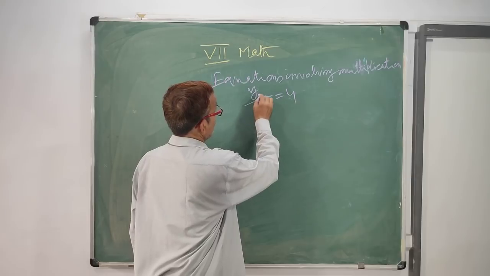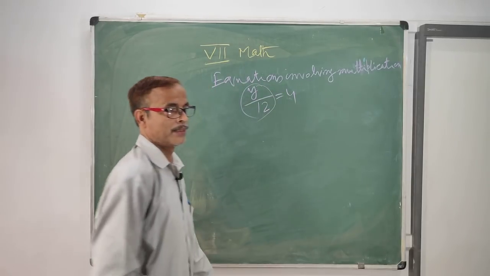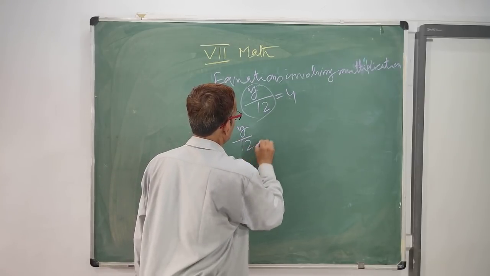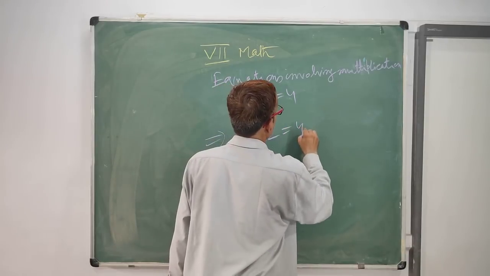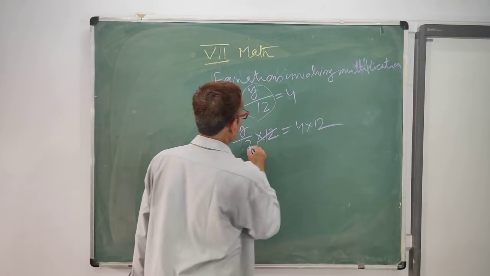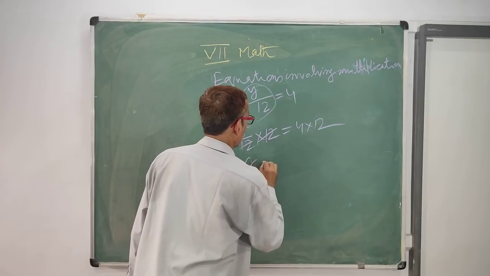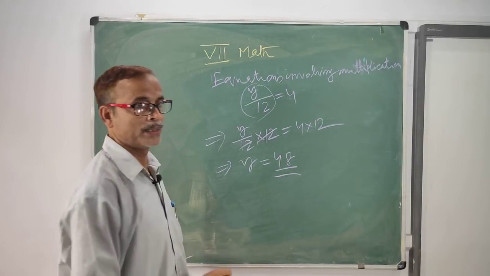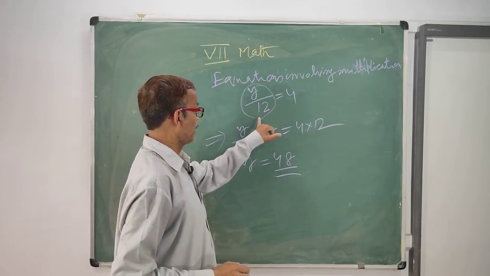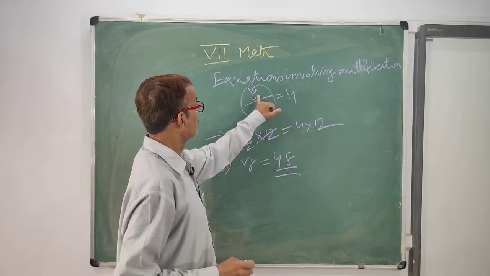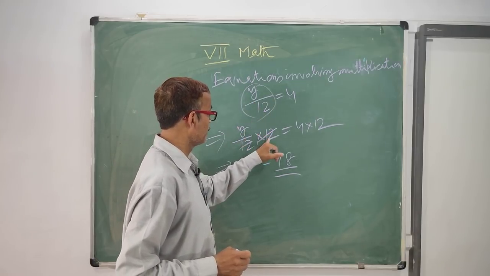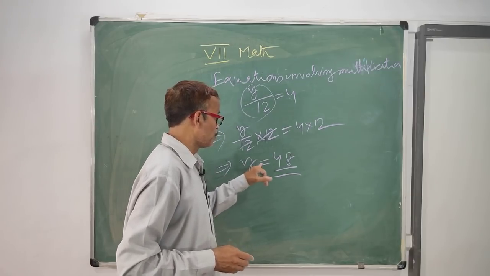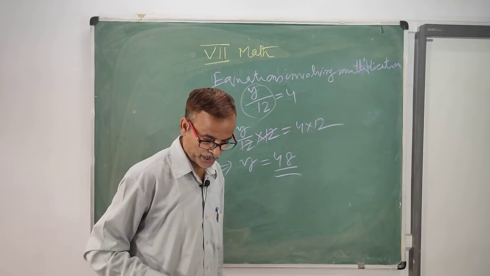So here in the left hand side there is a fraction. If you multiply the left hand side y by 12 into 12 equal to 4 into 12, then y equal to 48. Here we multiplied the left hand side by 12, then you get y alone. So the solution of the equation is y equal to 48.